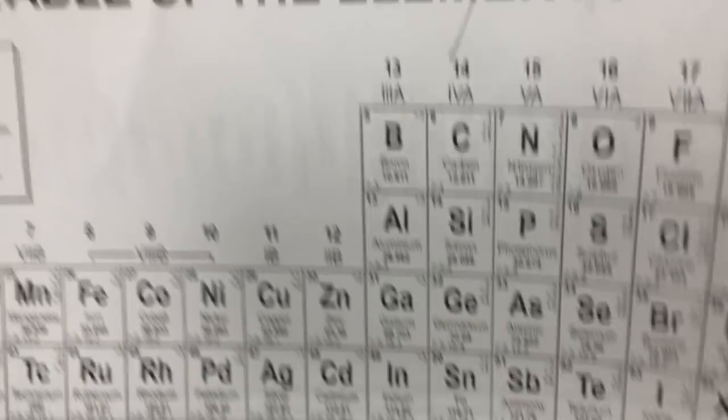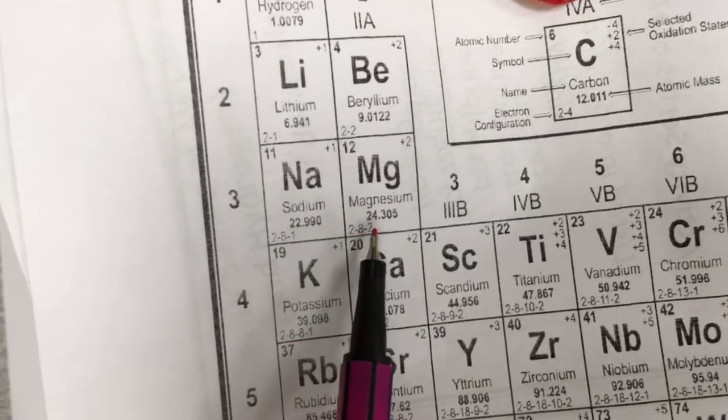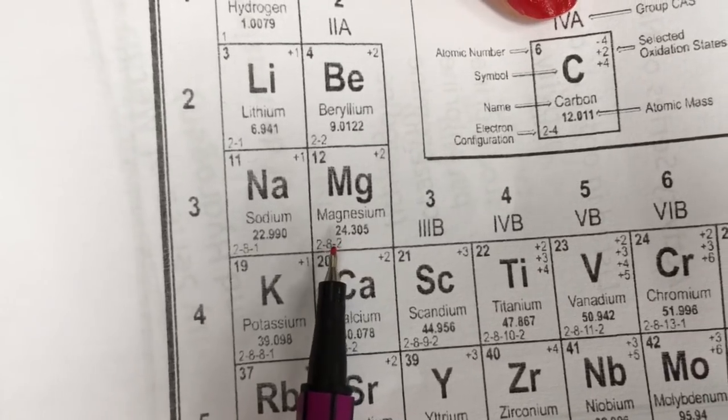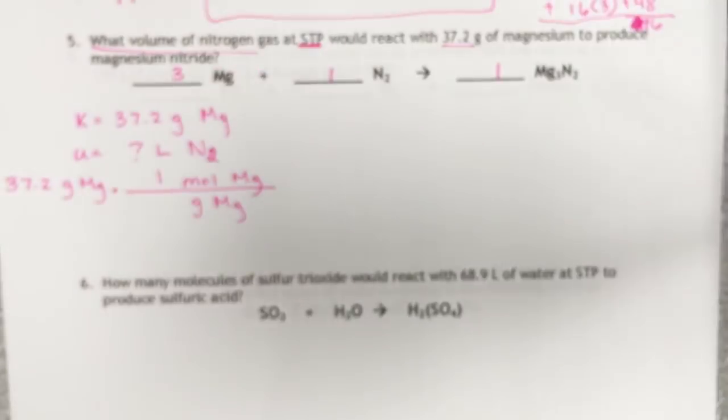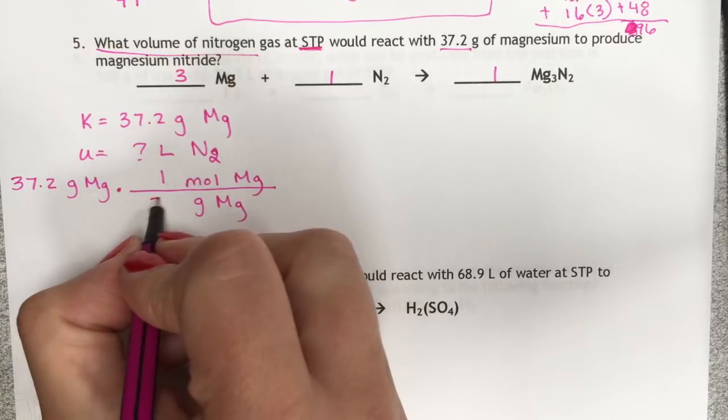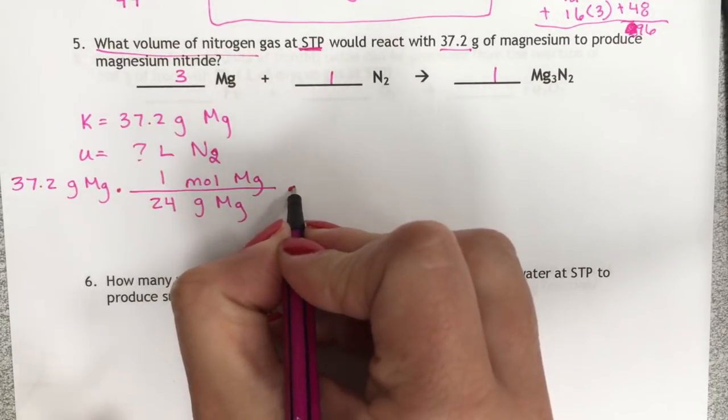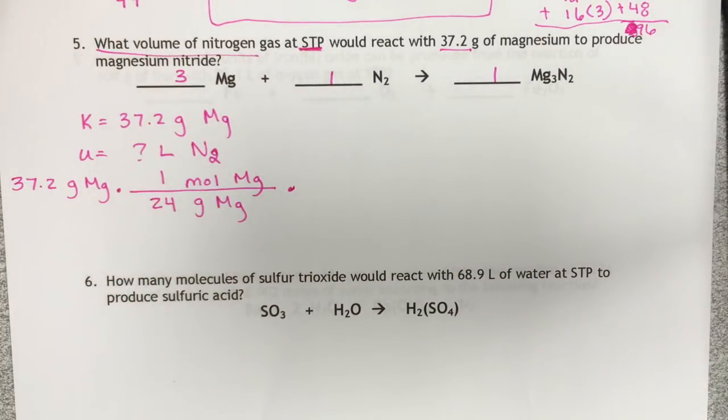I like dealing with just elements because you just look at how much the element is and you don't have to add everything. That's where I make my stupid mistakes. 24. We'll just say 24. We're just rounding today. 1 second.